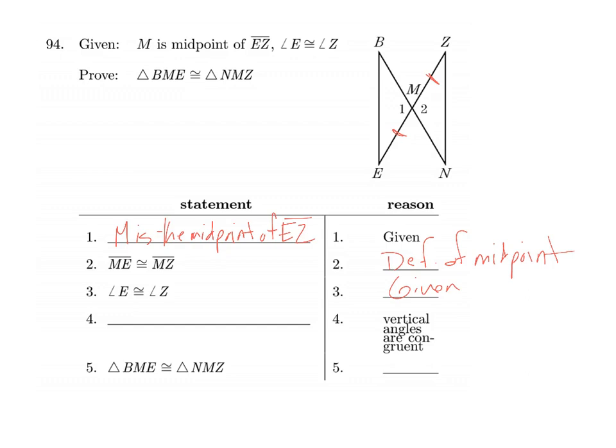Where do I have vertical angles? I have angle 1 is congruent to angle 2. I forgot to state this before, that E is congruent to Z. So the triangles are congruent by what shortcut? Angle, side, angle. That's all there is to it. Done.